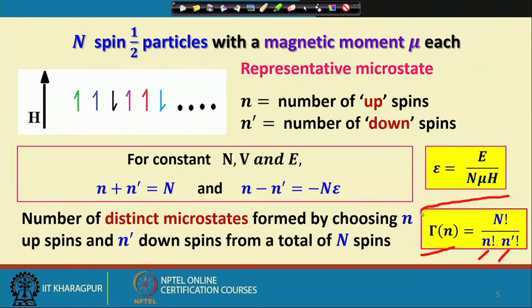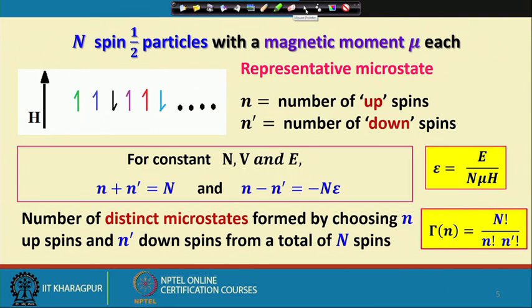So, this is the number of ways in which you can choose from an assembly of capital N spins, small n spins with up spin, and the rest of the spins that are n prime numbers with down spin.